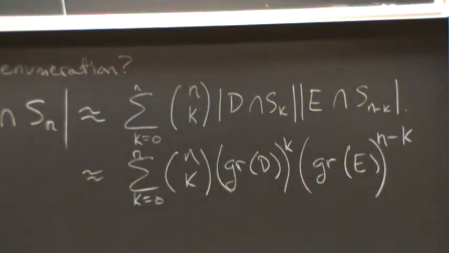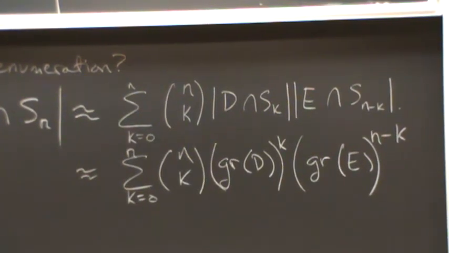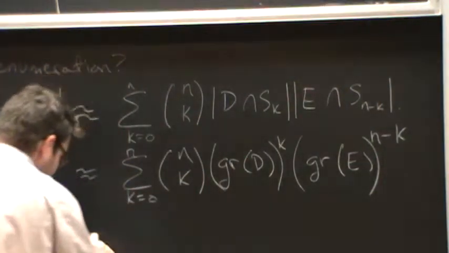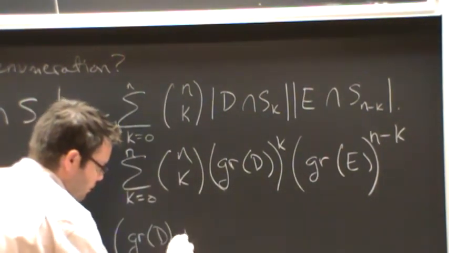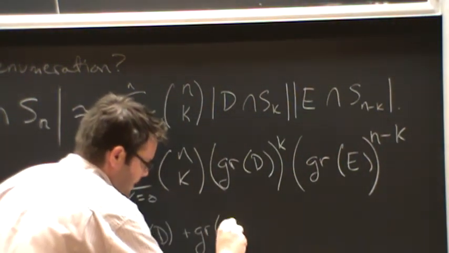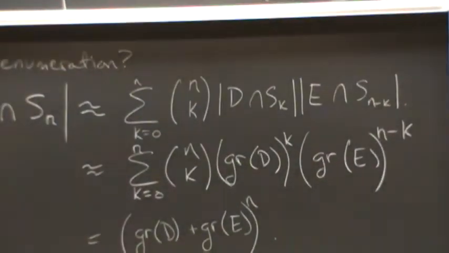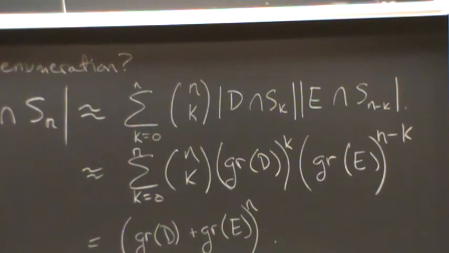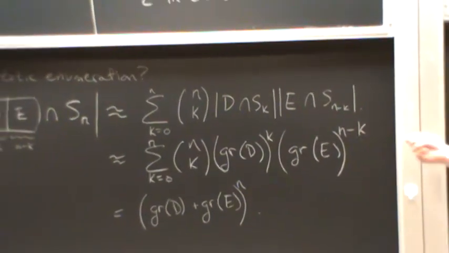And of course, that's exactly the binomial theorem. So the growth rates add. So this is the growth rate of D plus the growth rate of E, to the n. Okay, so we weren't able to do the exact enumeration, but we were able to get a nice answer for the asymptotic enumeration.